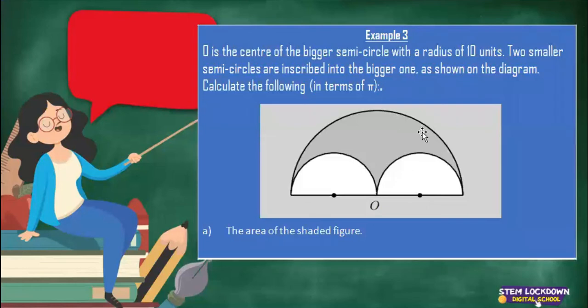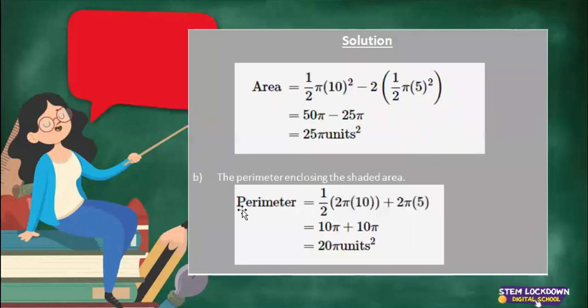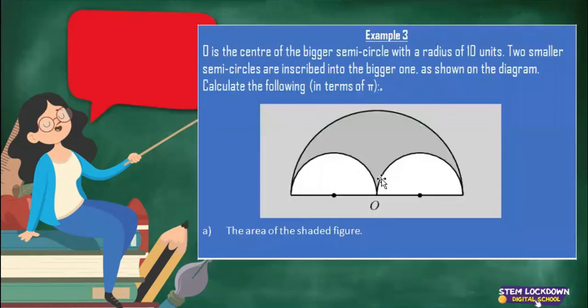And then the next one: the perimeter enclosing the shaded part. What is the perimeter enclosing the shaded part? This is the shaded part, so what is the perimeter bounding it?